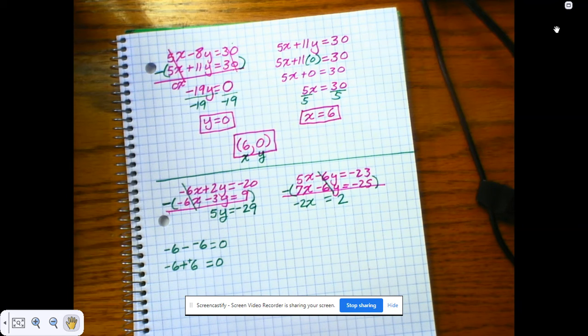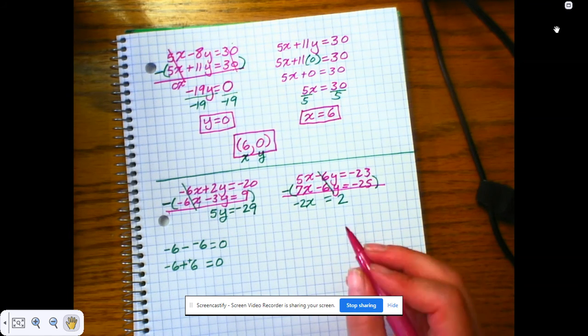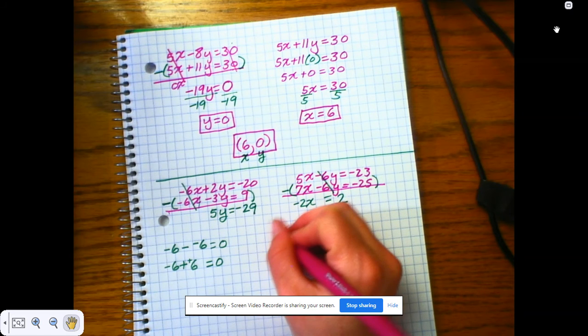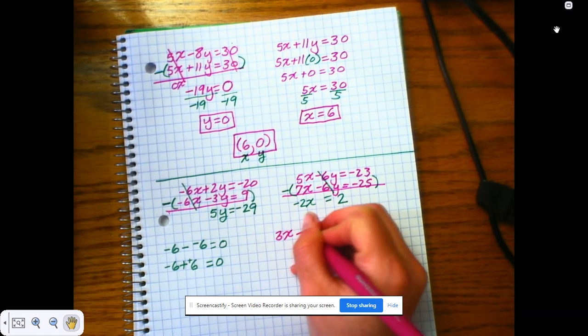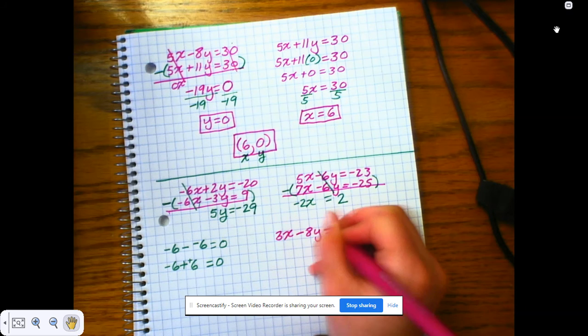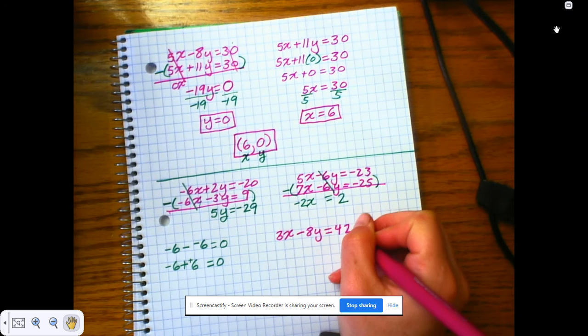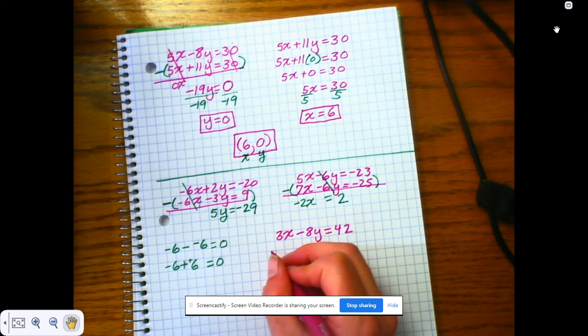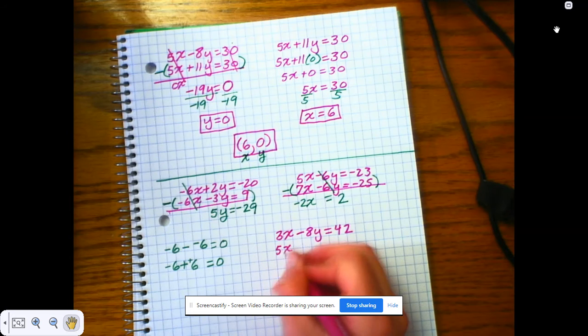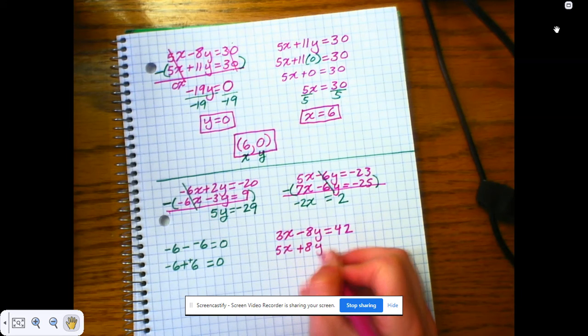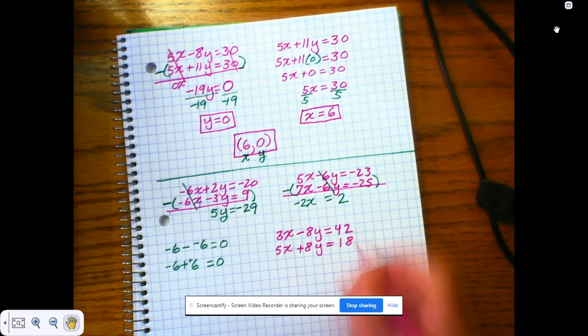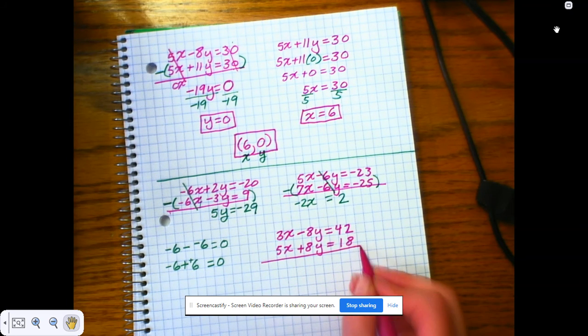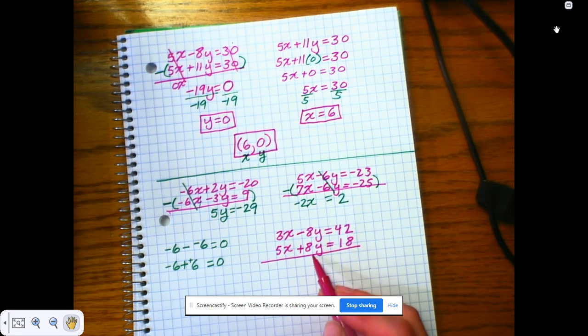I want you to look at a couple more equations so we can see if we're adding or subtracting. Let's say I have 3x minus 8y equals 42, and I have 5x plus 8y equals 18. If I look at this, I notice my y's have the same number, just one's positive and one's negative.